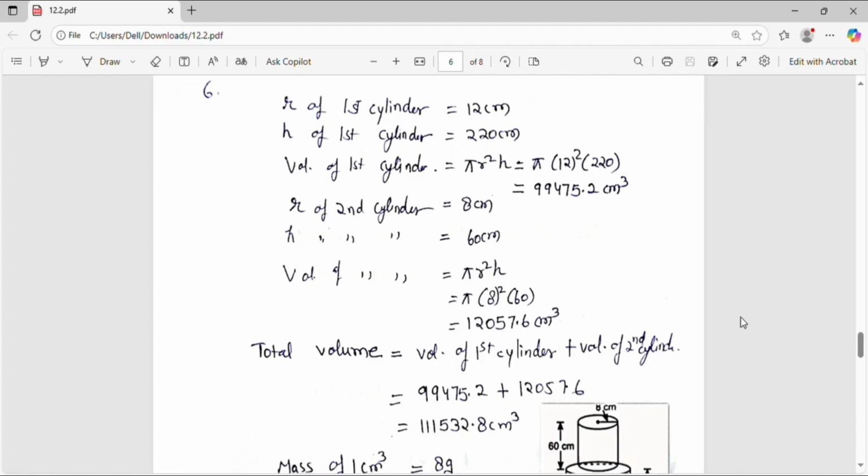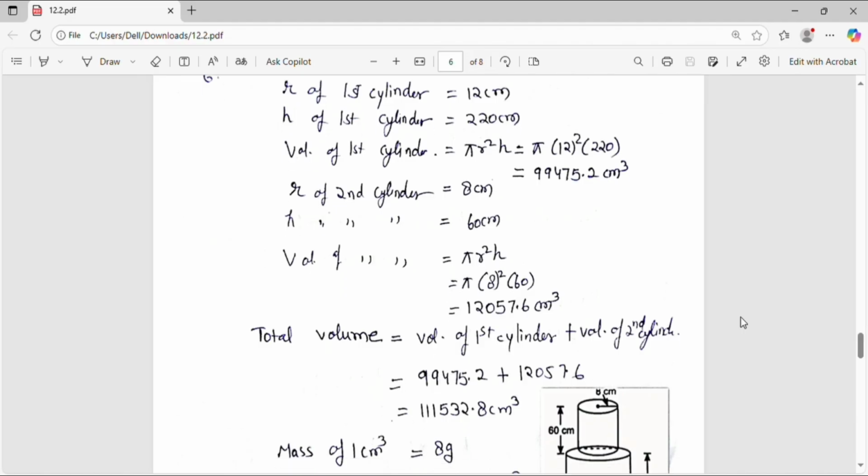So first we will find the volume of the first cylinder. It is pi r square h, pi into 12 square into 220. Then the volume of the second cylinder would be pi into 8 square into 60, and the total volume would be the sum of both the volumes. So it would be 111,532.8 centimeter cube.